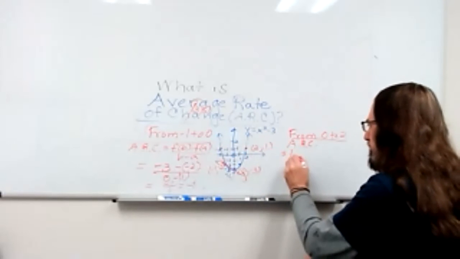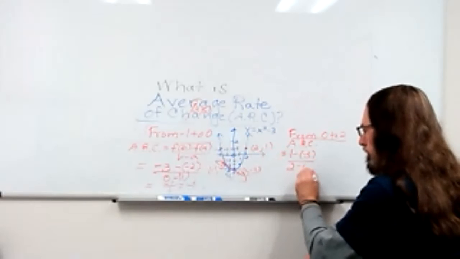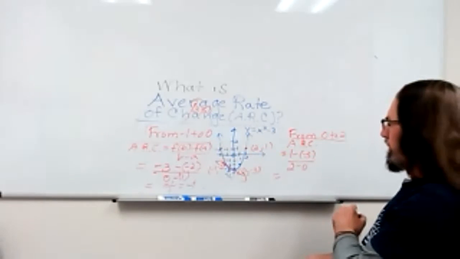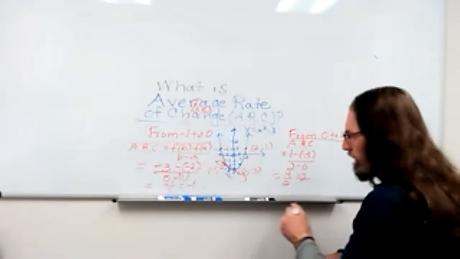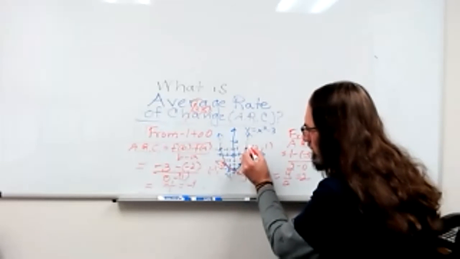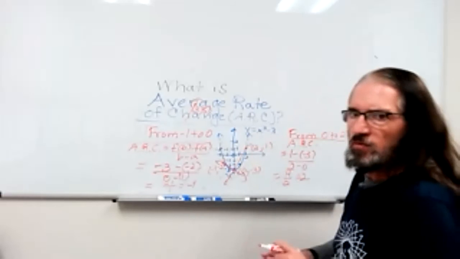One minus a -3 over 2 minus 0. It's going to give us 4 over 2, which is 2. And again, that's really giving you the slope of the line that connects those 2 points.